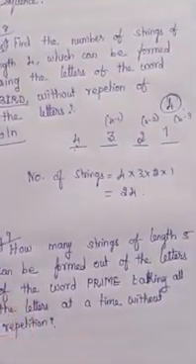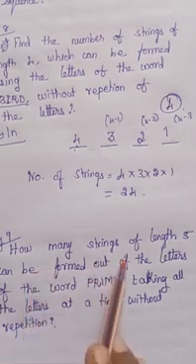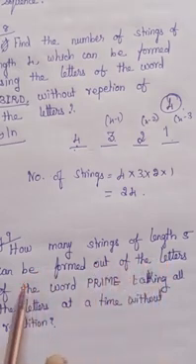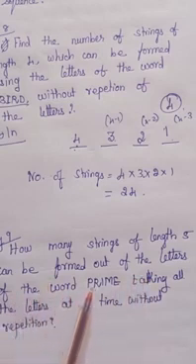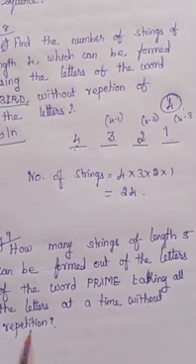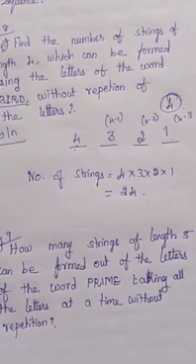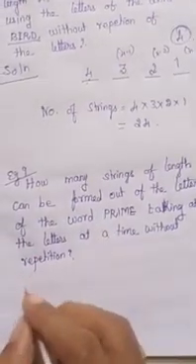It's a little interesting. How many strings of length 5 can be formed out of the letters of the word PRIME, P-R-I-M-E, 5 letters given, taking all the letters at a time without repetition. Here also without repetition. So, shall we do it?